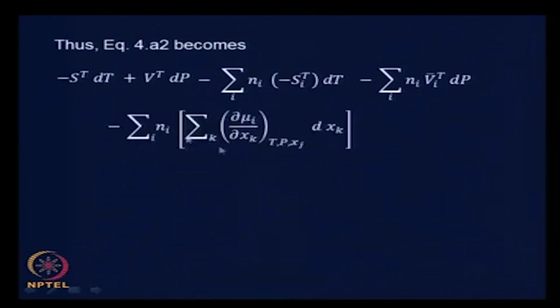Minus, we are writing this in terms of our compact mole fractions, minus sum over i Ni, this was there earlier, this we have replaced in terms of sum over k dou mu i dou xk at constant T, P, all other xj's, dxk, of course equals 0.